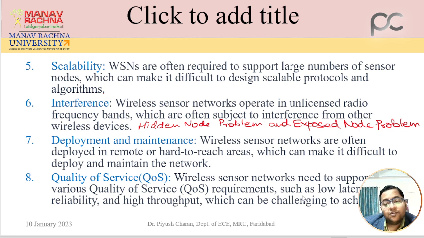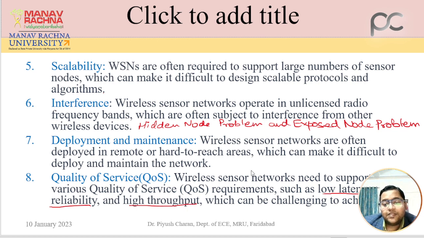So the quality of service requirements, as you can see, include a few factors like low latency, high reliability, and high throughput. Throughput means the ratio of the number of data packets received over the number of data packets sent. It should be as high as possible, so it should be 100%.